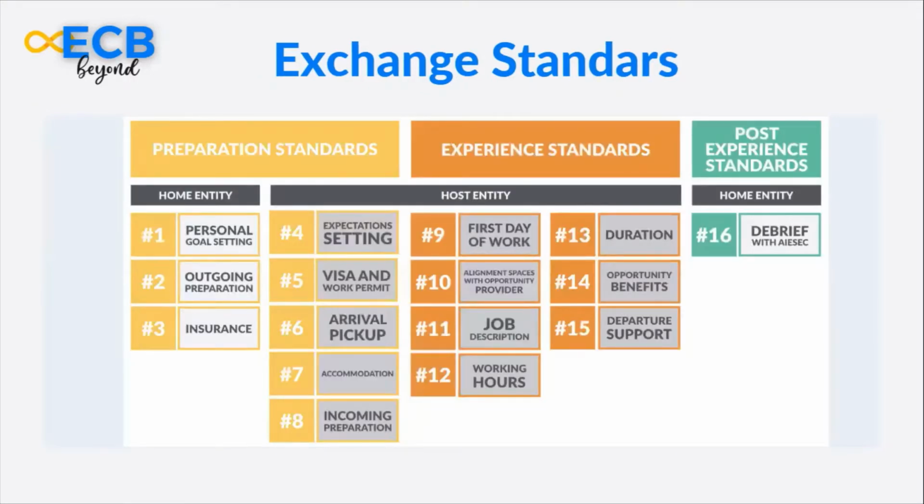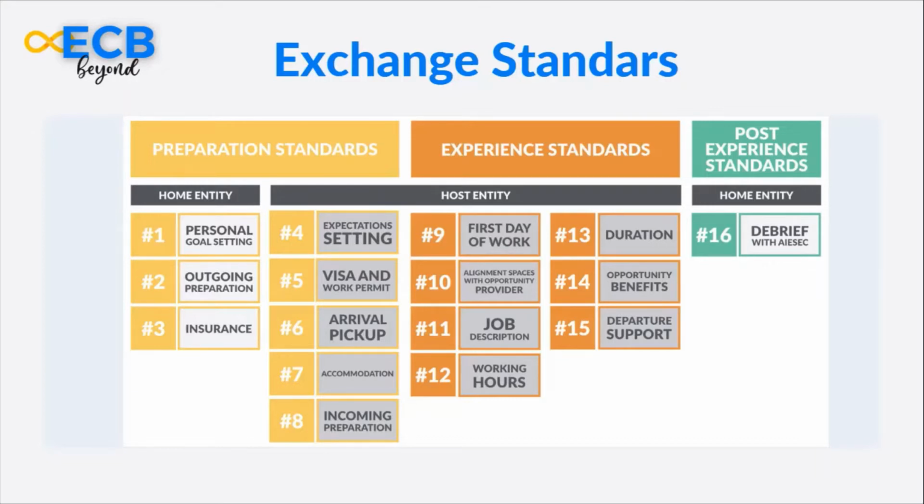There are 16 overall exchange standards, and these are divided by the phase that the EP is going through. There are the preparation standards, which you do before the experience, the experience standards, which you do while the experience is taking place, and the post-experience standards, as you can guess by the name, the standards that we have to do once the EP is back.